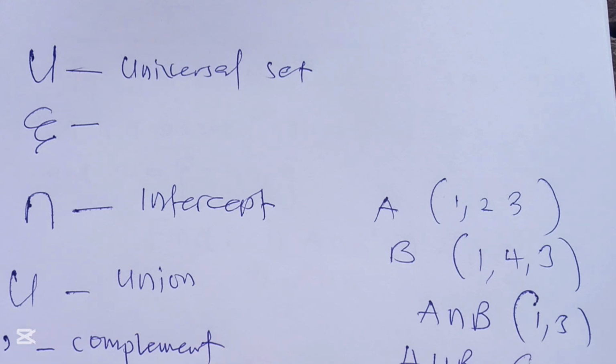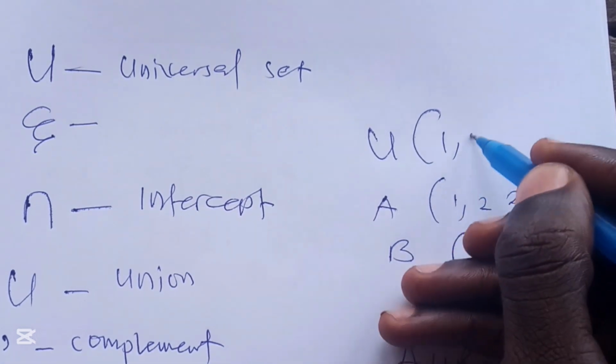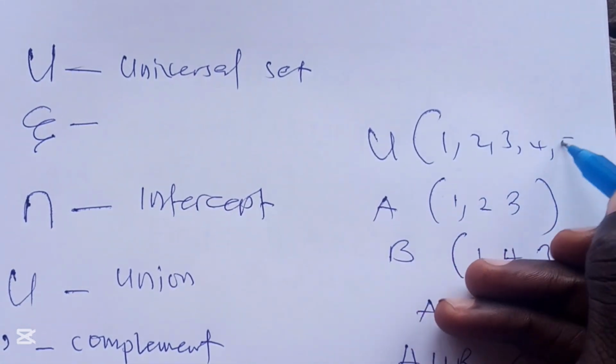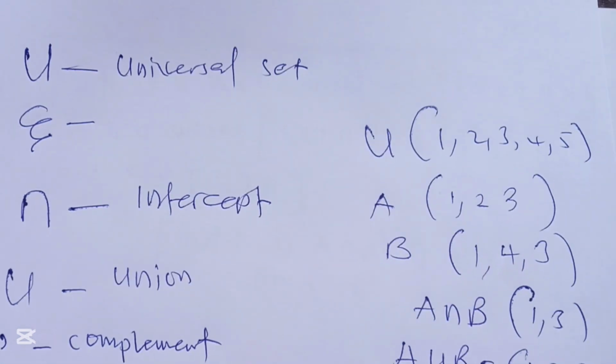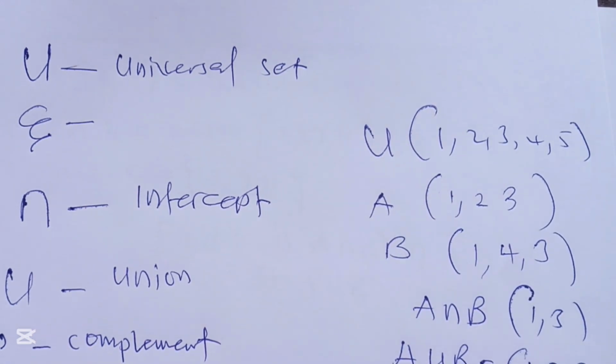For instance, let's say our universal set is 1, 2, 3, 4, 5, and you are asked to find A complement.